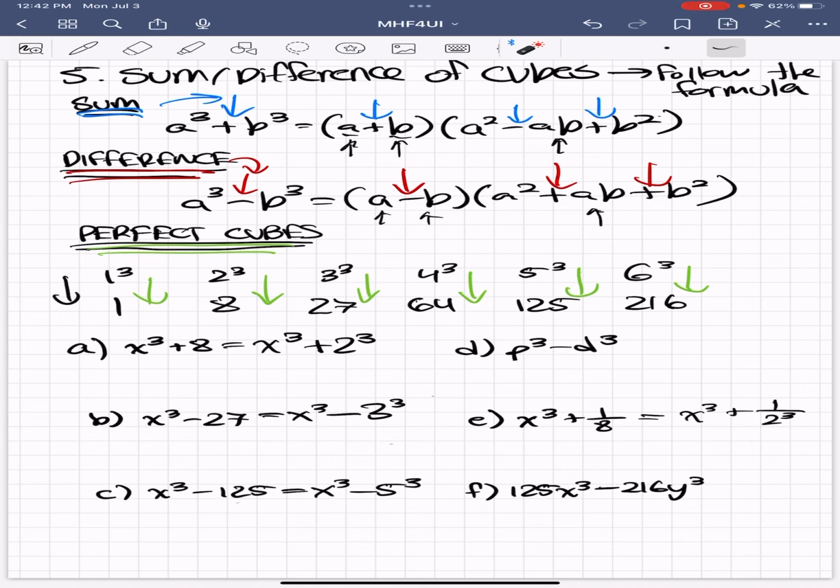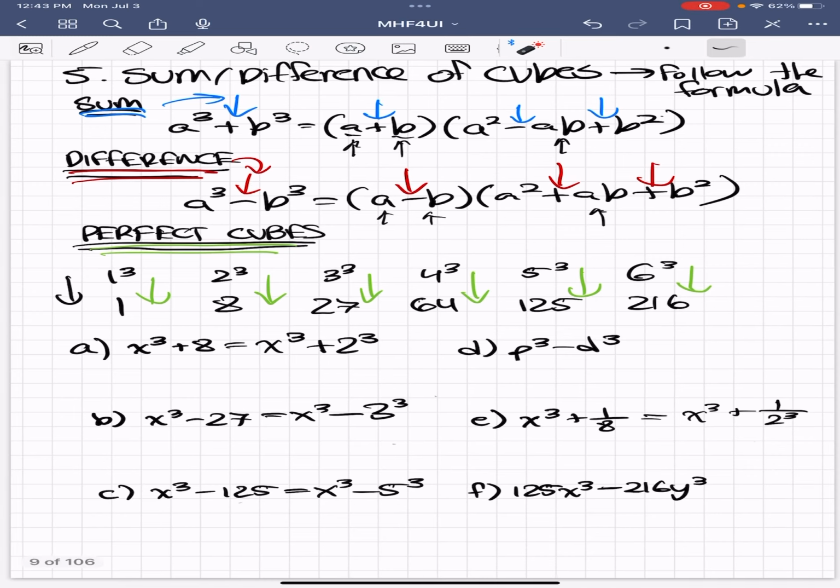And underneath here, I've done some perfect cubes. I was talking about perfect squares before. Perfect squares would be something like 2 to the power of 2 equals 4, 3 to the power of 2 equals 9, 4 to the power of 2 equals 16. And right now I'm looking at perfect cubes. I have 1 to the power of 3, 2 to the power of 3, 3 to the power of 3, and so on.